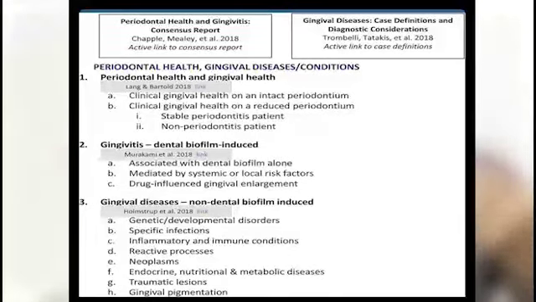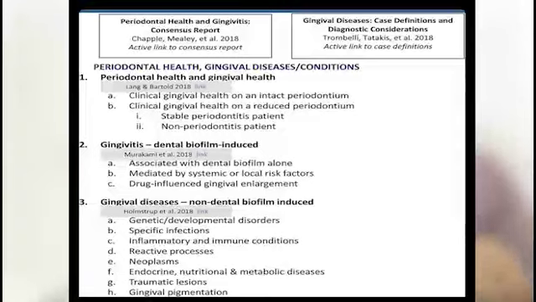Number 1, periodontal health and gingival health, is again divided into 2: clinical gingival health on an intact periodontium, and clinical gingival health on a reduced periodontium. In this one, we have to check whether the periodontitis patient is stable, or if the patient is non-periodontitis.